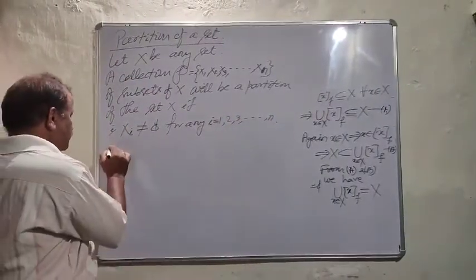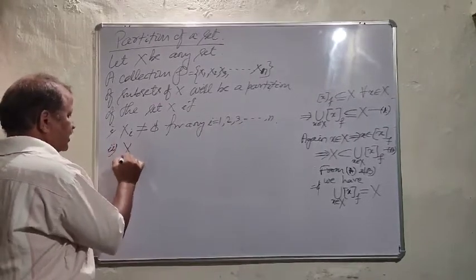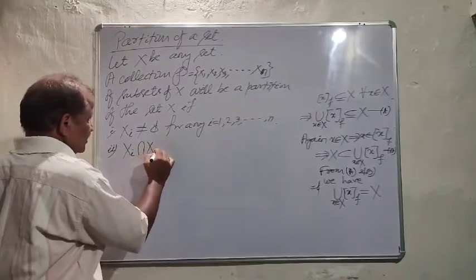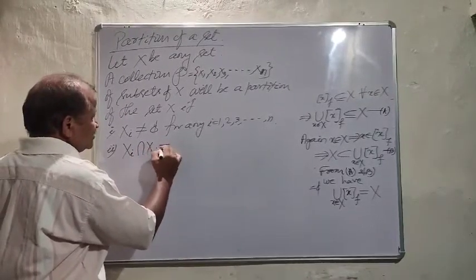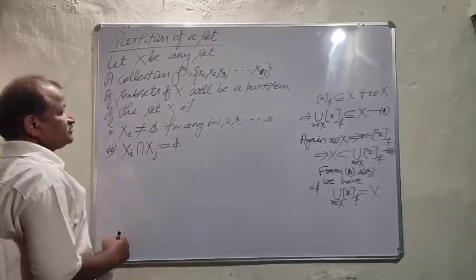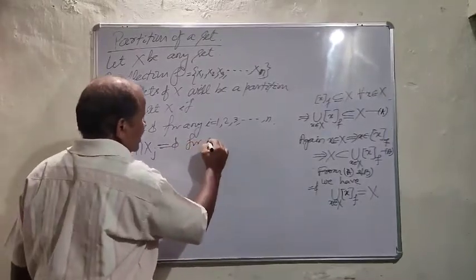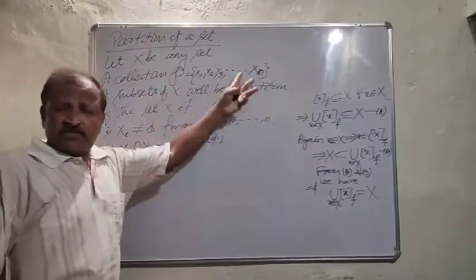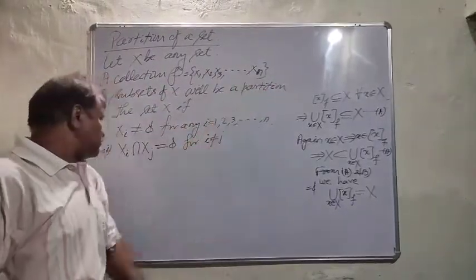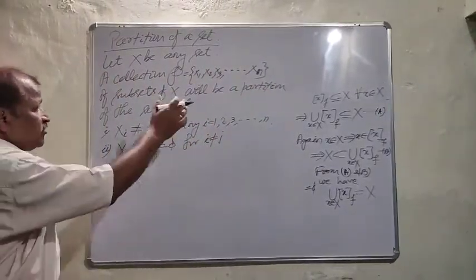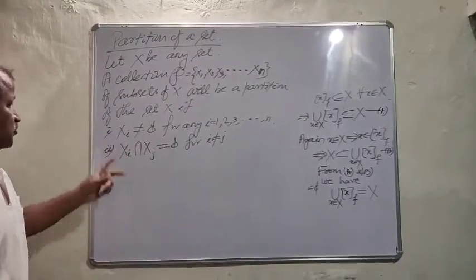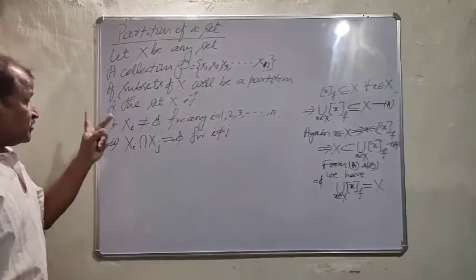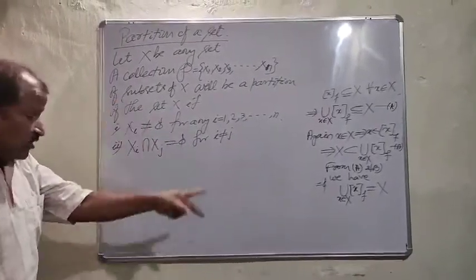Number 2, Xi intersection Xj is the null set for i not equal to j. That means these x1, x2, x3, up to xn are all subsets of X. So first thing, each subset should be non-empty.